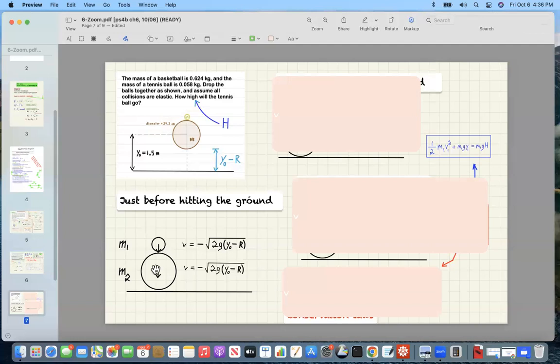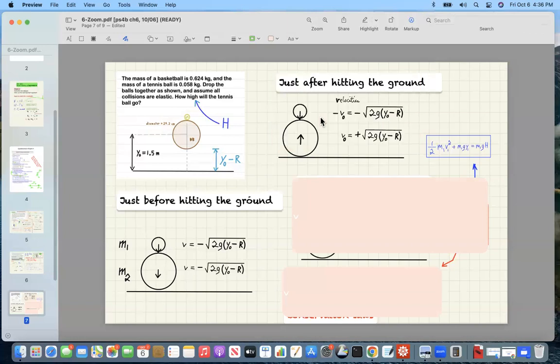Step number 2, the basketball bounces off the ground and hits the tennis ball. That's a collision. So just after hitting the ground, the basketball is now moving up. The tennis ball, just before it has been hit by the basketball, is still moving down. So let's call this velocity v0. That's the velocity of the basketball. It's now moving up.